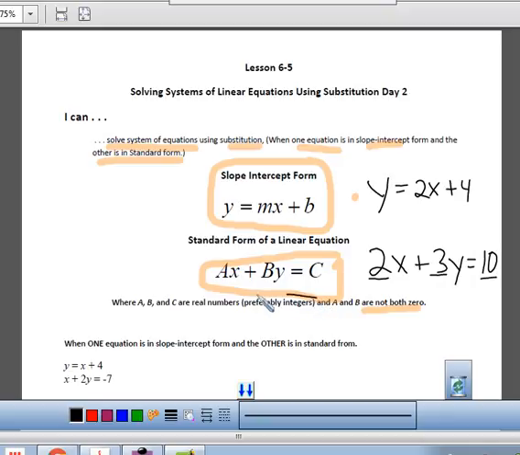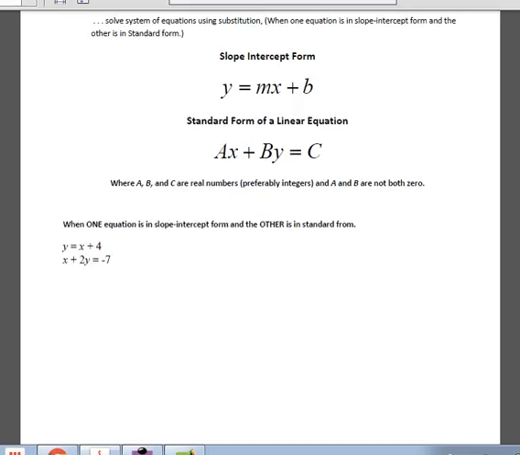Also, make sure that you highlight or circle that when it's in standard form, we'd like these to be integers. Later on, we'll go through a process of how we turn them into integers if they're not. Let's take a look at this example together.